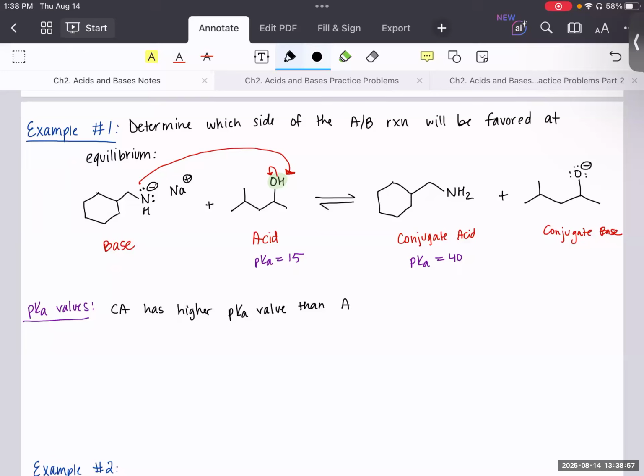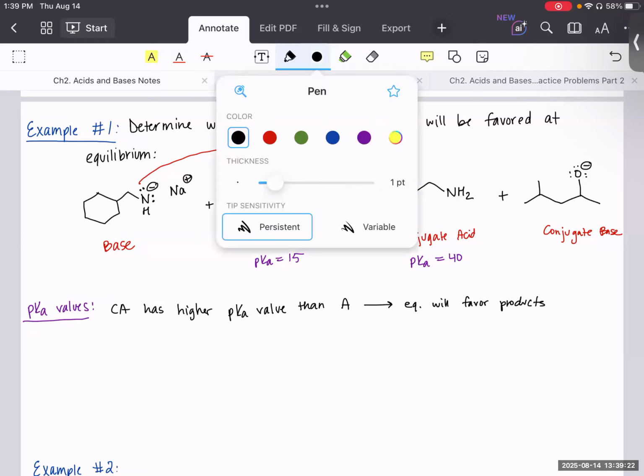And so what that means is that the weaker acid, or the higher pKa, is favored. And so equilibrium will favor products, because the conjugate acid is weaker, it doesn't want to react as much. It's fine being the way it is. And so based off this method, we got that the equilibrium will favor products.